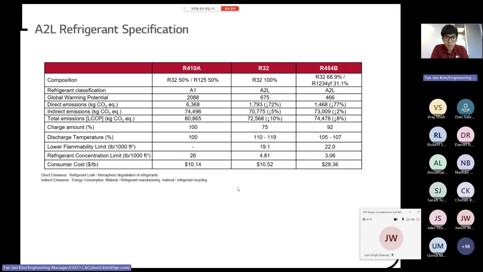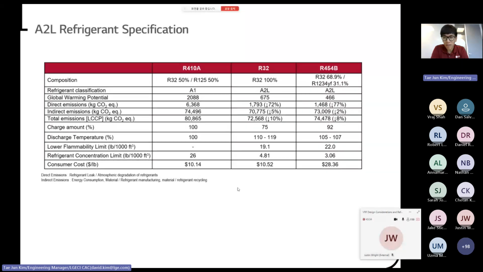Some of the specifications of the A2L: the two highest contending refrigerants in the market right now are R32 and R454B. I have listed some of their characteristics in this chart, in comparison to the R410A. Both R32 and R454B have a GWP lower than 700.